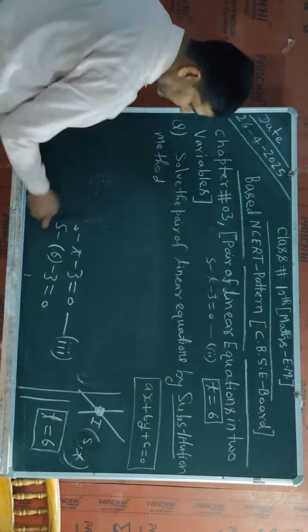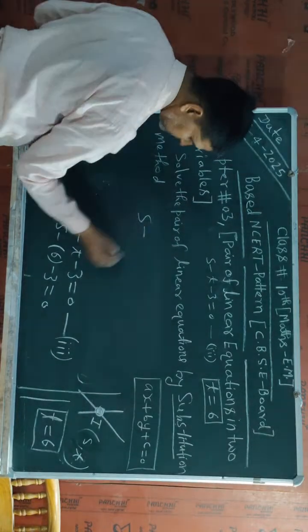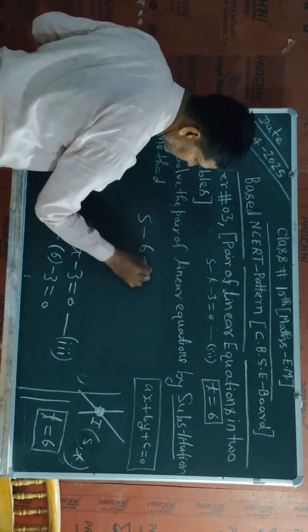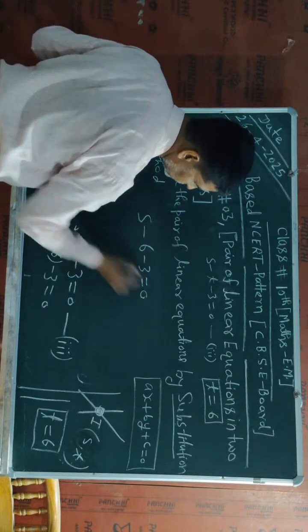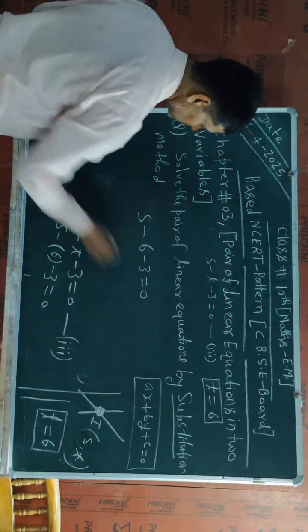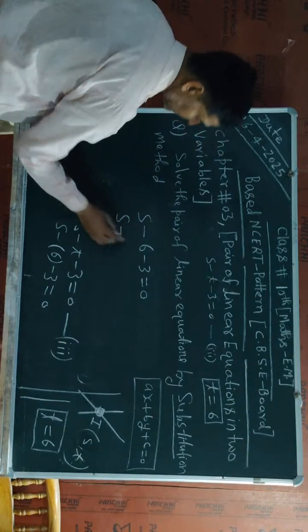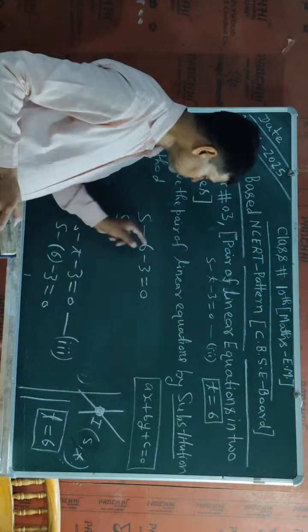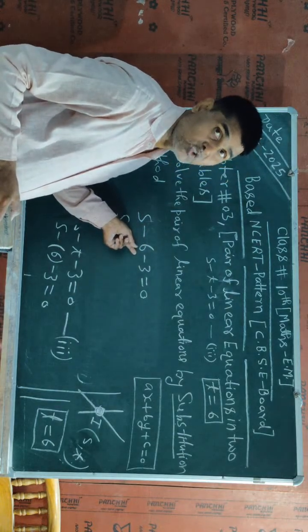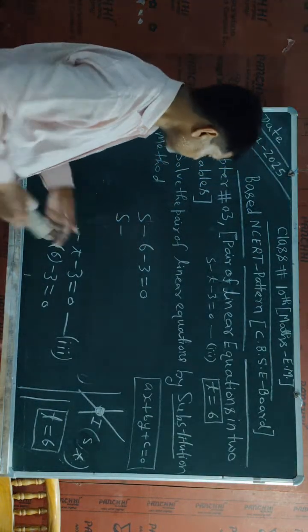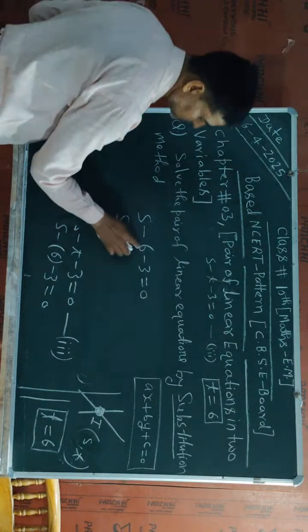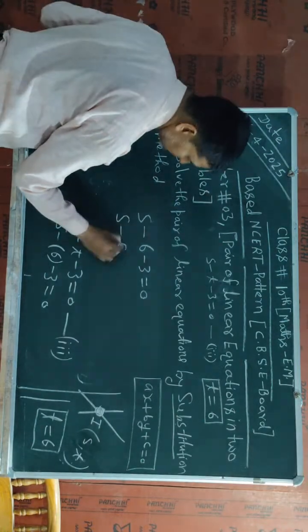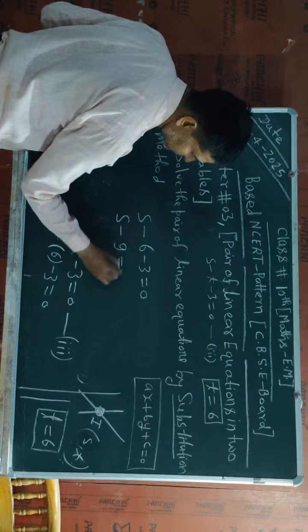So here I am writing s minus 6 minus 3 equals 0. Now further I am going to shift it here: both constant terms are minus, so I will add, and after adding I will put minus. So 6 plus 3 will be 9, so that will be minus 9, which is equal to 0.